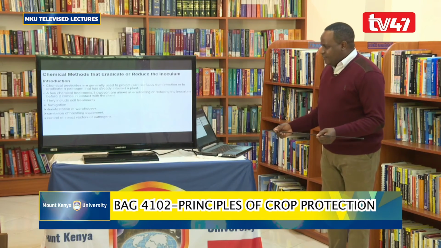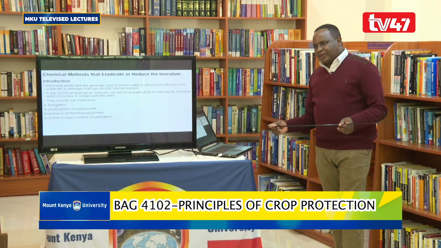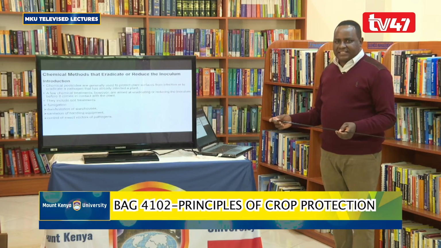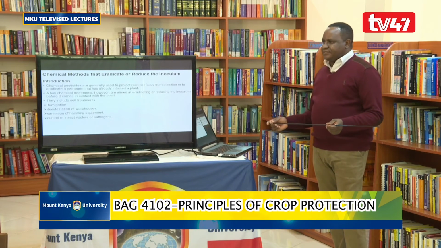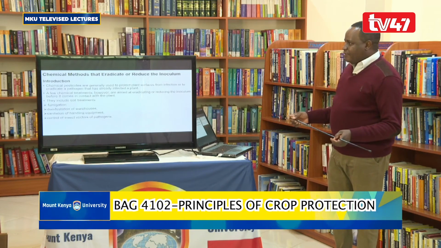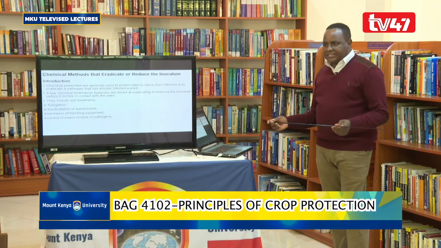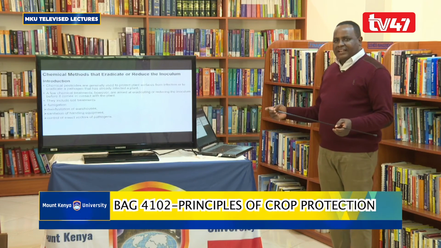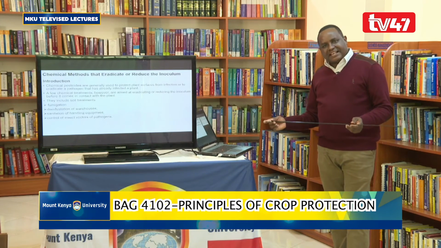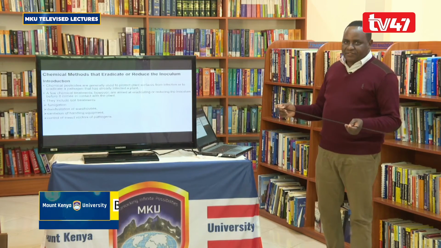However, we need to understand that chemical use has associated shortcomings, especially poisoning. They can poison people, and they can spoil the environment, like water points and the soil. Therefore, judicious use of chemicals is advocated. Do not just use chemicals for the sake of using them.